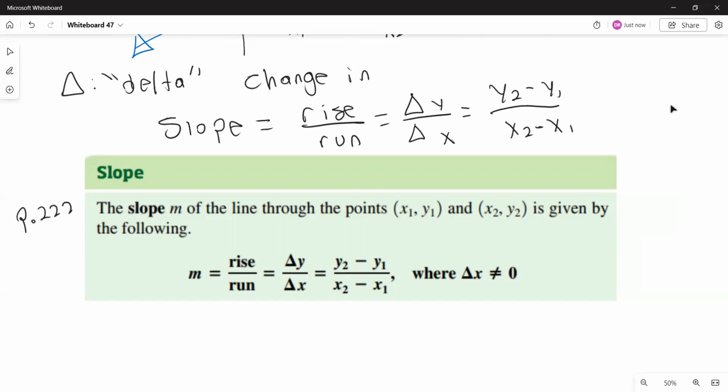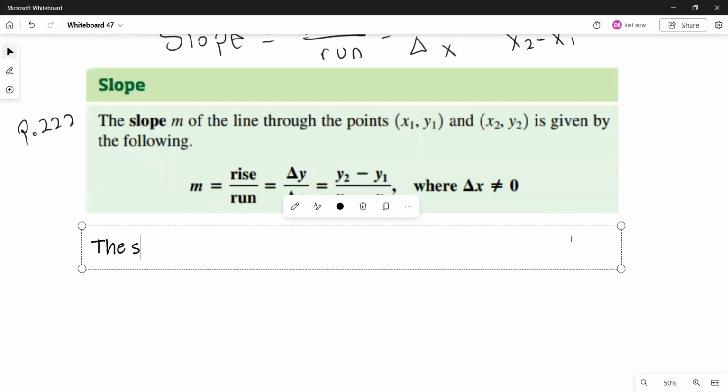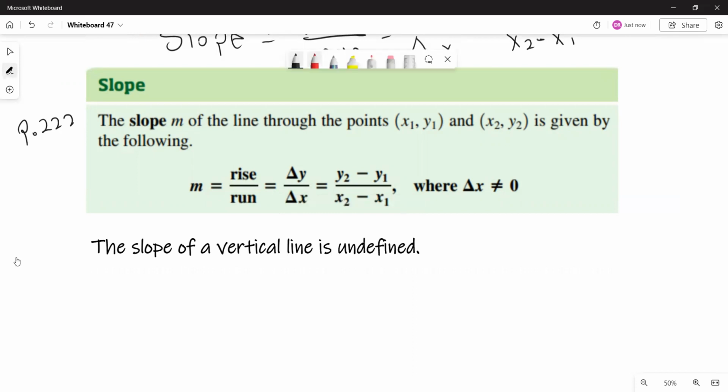So as a note, the slope of a vertical line is undefined. Because if a line is vertical, the x value is always the same. To try to calculate the slope, you wouldn't have any displacement. You would have some division by 0. So when you have a vertical line, you cannot talk about the slope.